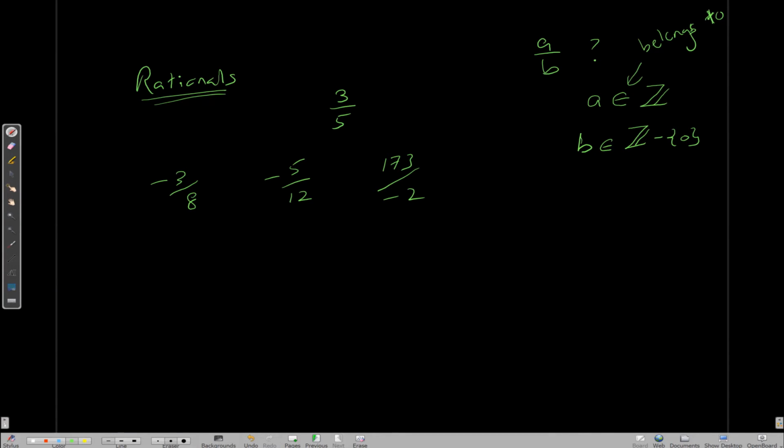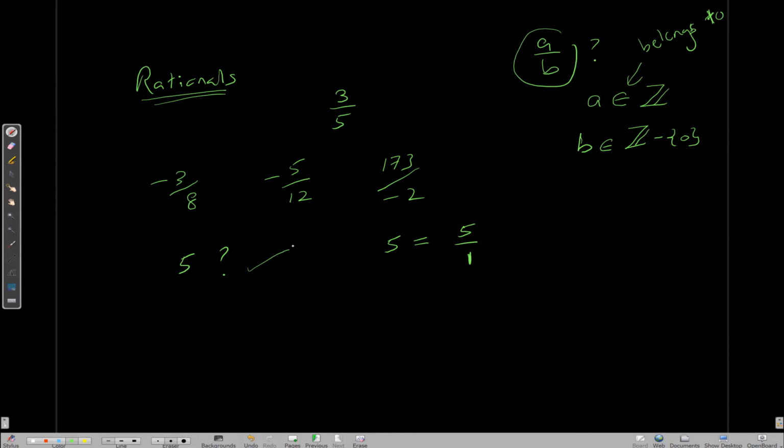Now I have a question for you. Is this a rational number, 5? Well, at first you may think no, because it's not in this form, but if you look at this carefully, you can write 5 as 5 over 1, right? So yes, a is 5, b is 1, which is not 0, so that is a rational number.